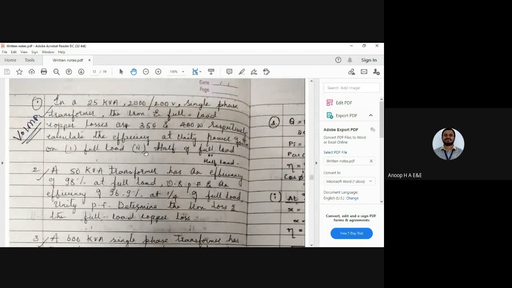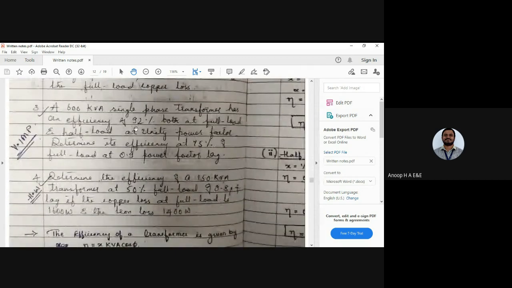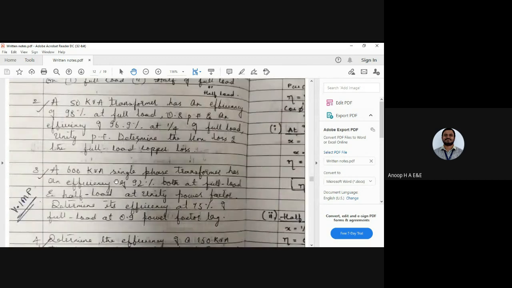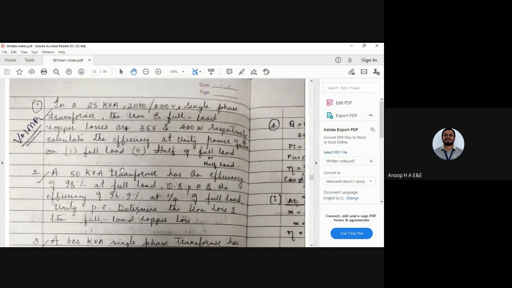Very important problems, these 4 problems. I'll give you the hint how to solve it. It's a 25 kVA transformer, and next you will be having 2000 by 200 volt. Next you will be having 350 and 400 watt. 350 watt is the iron losses, and copper losses at full load would be 400 watt.